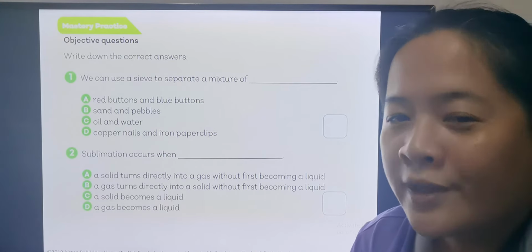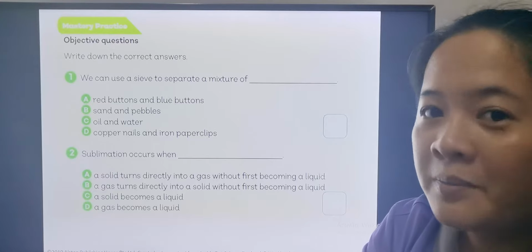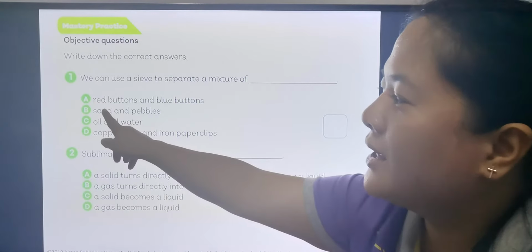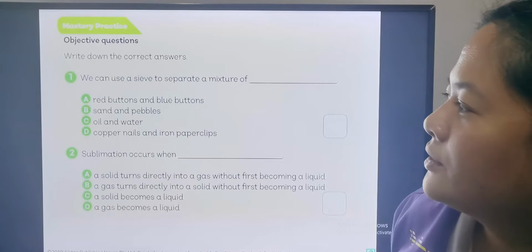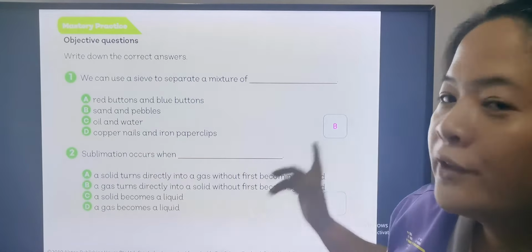A sieve is used in sifting. Letter A, red buttons and blue buttons. You cannot separate red and blue buttons using a sieve because they are the same size, just a different color. Letter B, sand and pebbles. This one you can separate. Sand is smaller than pebbles. So the answer for number 1 is letter B.